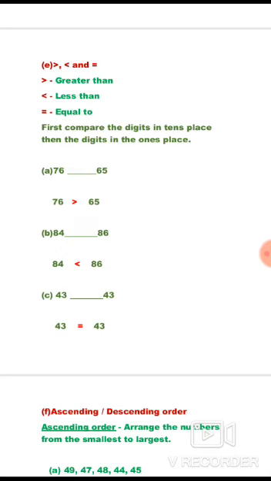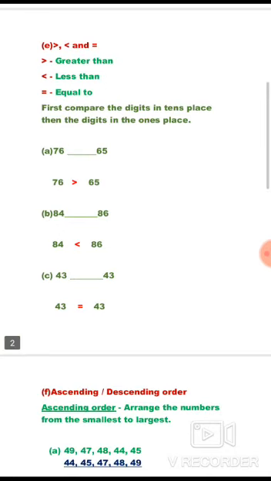The smallest number is 44, then 45, then 47, then 48, and the last number will be 49. So the arrangement should be 44, 45, 47, 48, 49.